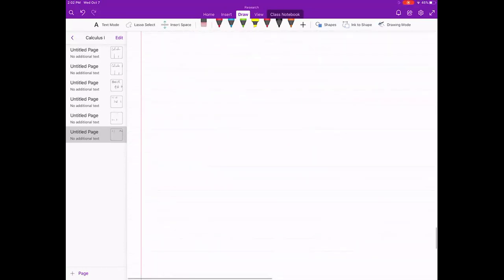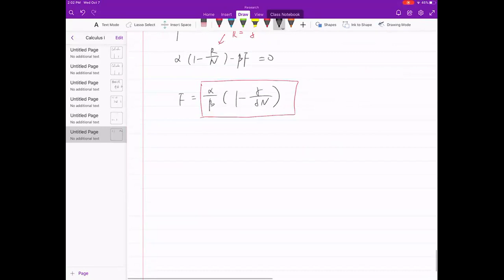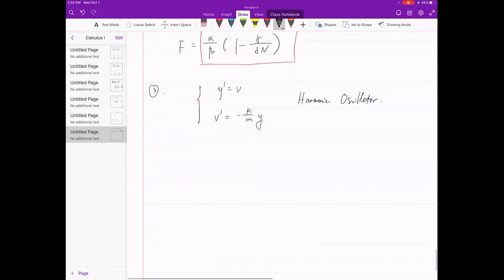Now the third thing. y prime equals v, v prime equals negative k over m y. That's the harmonic oscillator. The phase portrait looked like this.